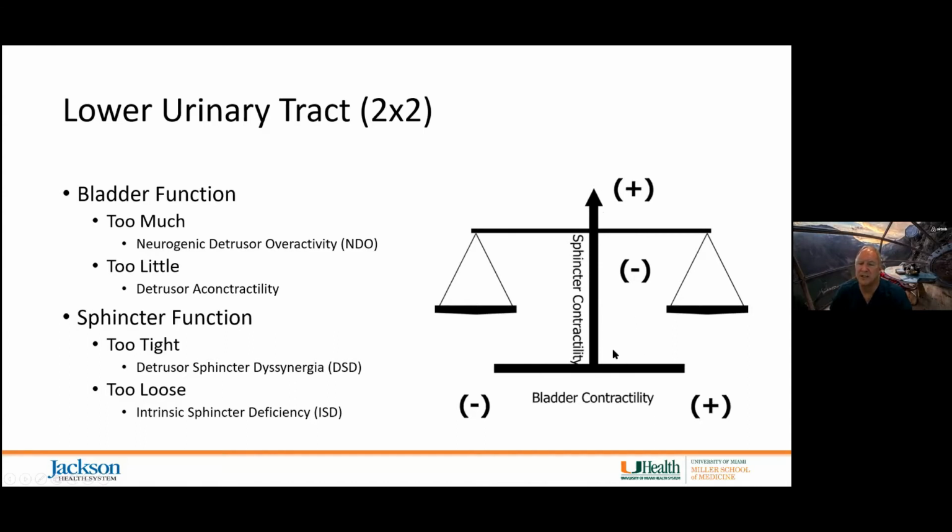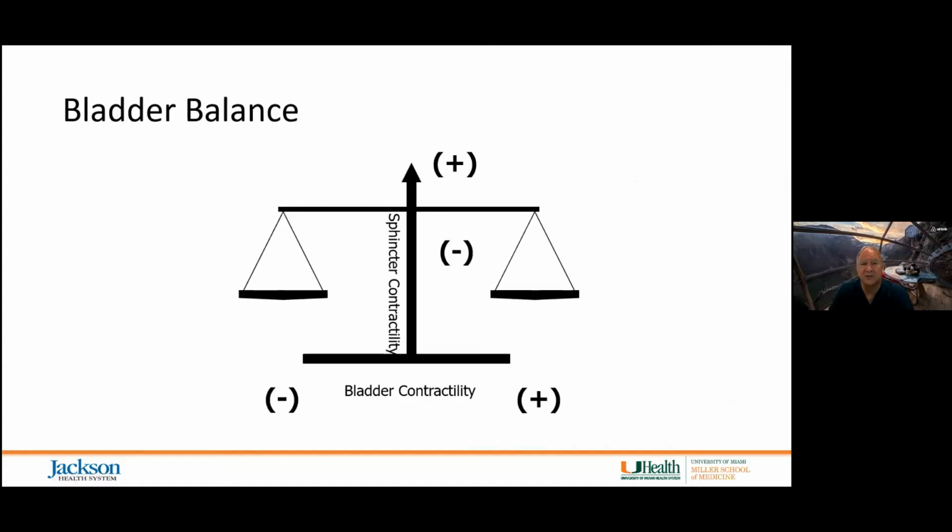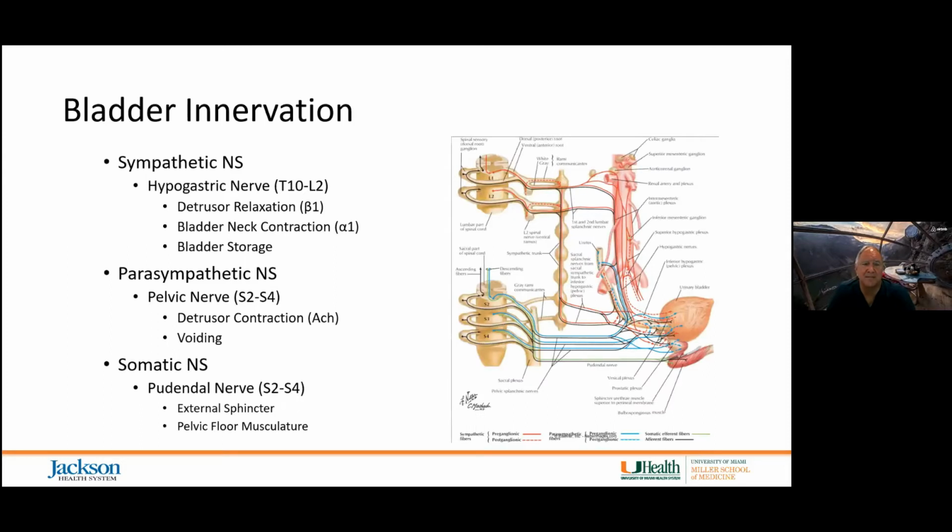Again, too little being down towards the bottom of this and too high up towards the top of the balance. Obviously, what we're trying to achieve in our folks with neurogenic bladder is the ability to balance bladder contractility and sphincter contractility to maintain appropriate continence without putting the upper tracts and the kidneys at risk.